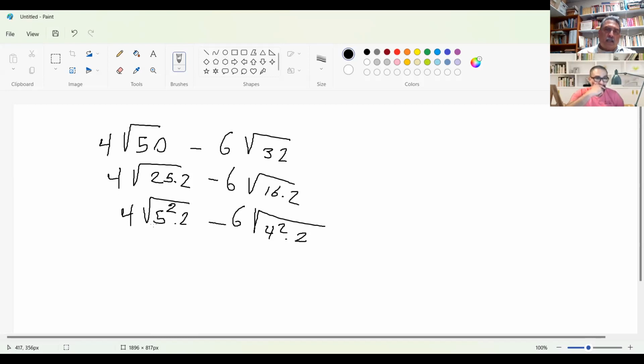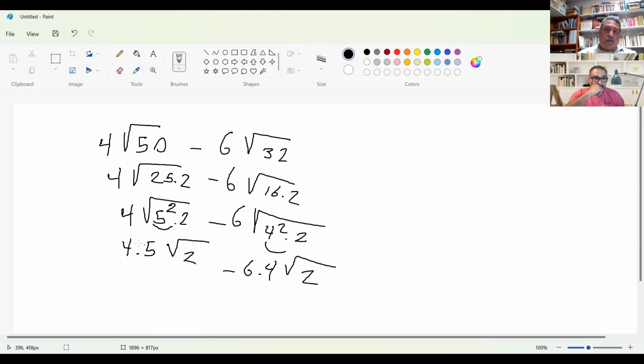Now these can come out, because they have square root of 2. The 5 comes out, but it must be multiplied by 4. So you get 4 times 5 square root of 2, minus 6 times 4 square root of 2.